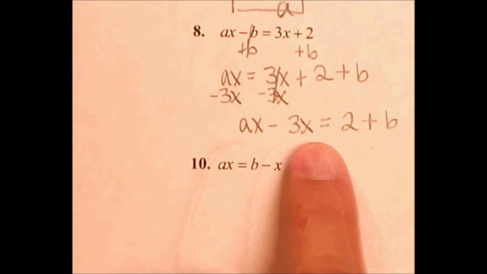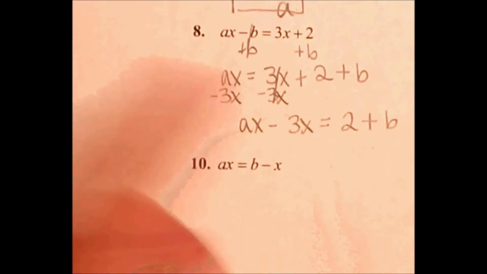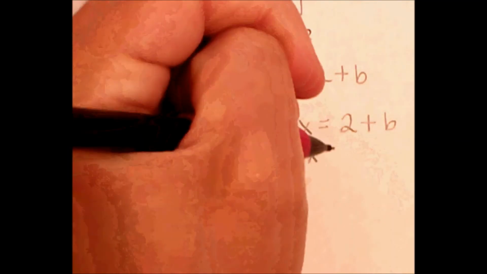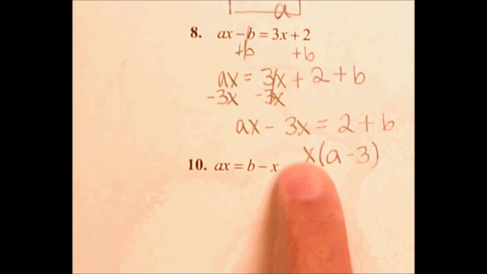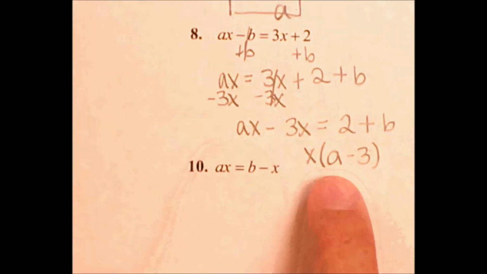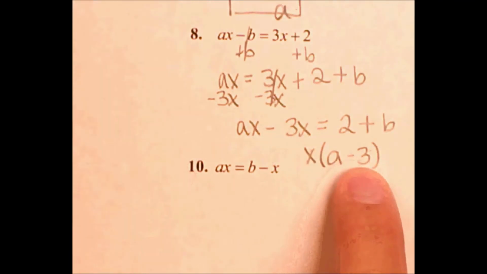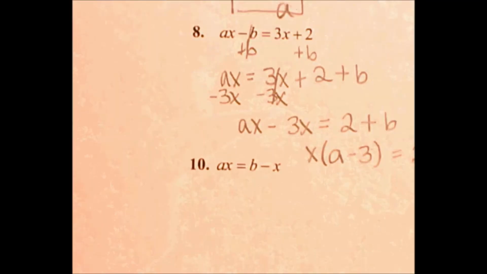Now over here, if you notice, I can pull out the greatest common factor, which is an x. Each of these has an x. So I pull out an x. That leaves me with a minus 3, because x times a is ax, and x times negative 3 is negative 3x. So I'm pulling out the greatest common factor, and that leaves me with positive 2 plus b.